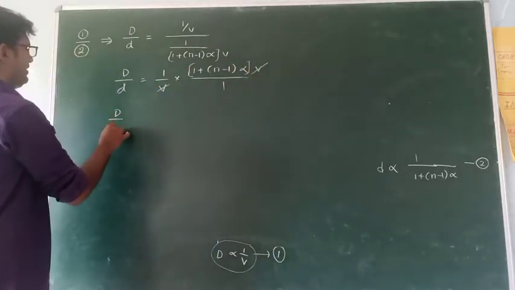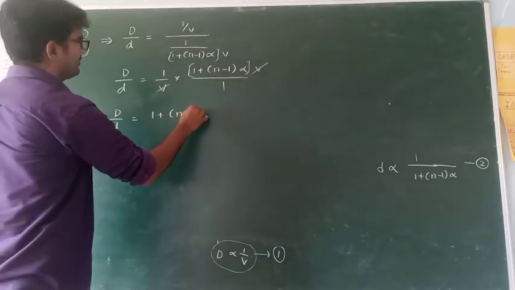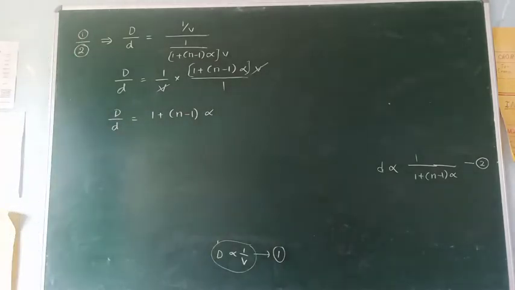So capital D by small d is equal to 1 plus (n minus 1) into alpha. We can write it in so many ways.